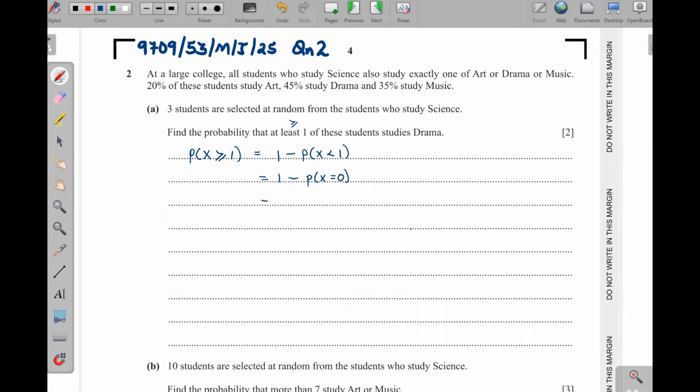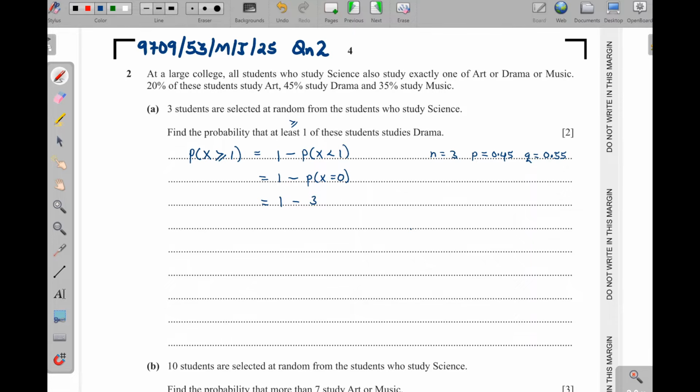So you have 1, then minus, what is our n? n is 3. What is our p? Those who study drama, that is 45%, so that is 0.45. So meaning q is going to be 1 minus this one, that is 0.55, not so? 0.55.